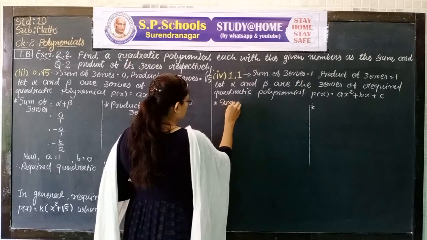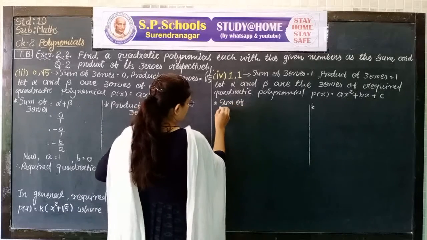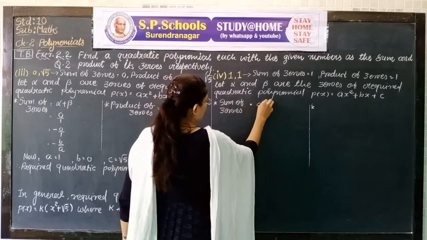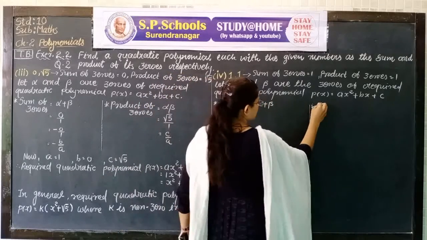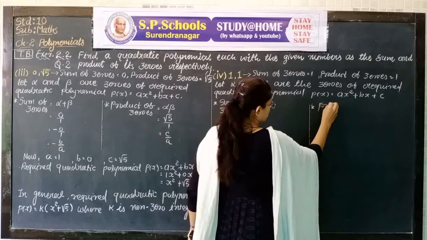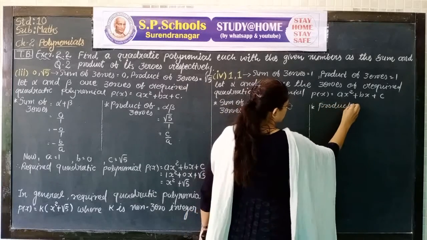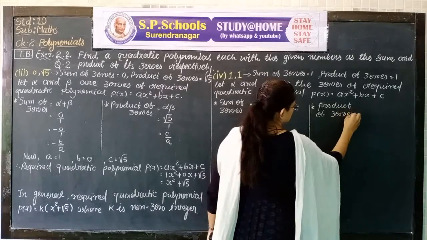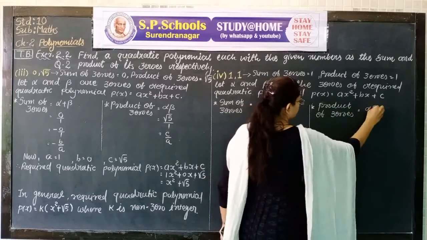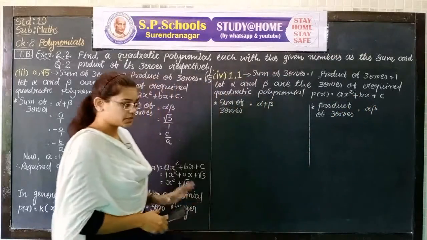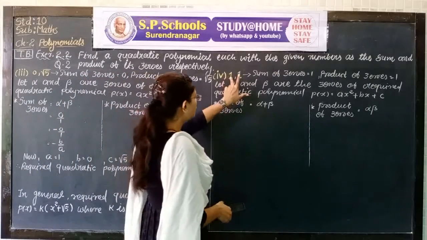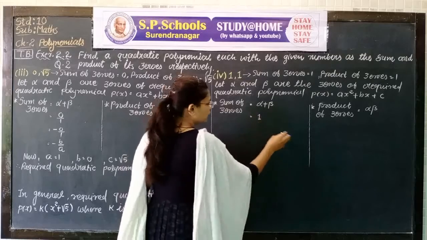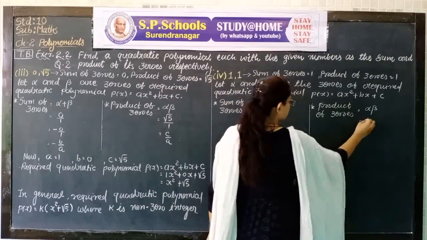First, the sum of zeros is equal to alpha plus beta, and second, the product of zeros is alpha into beta. Alpha plus beta and alpha into beta are given here. Both are 1. Here is 1 and here is also 1.